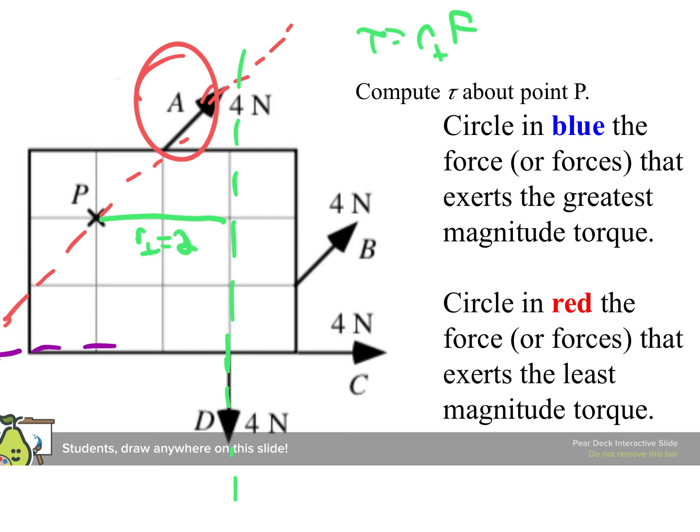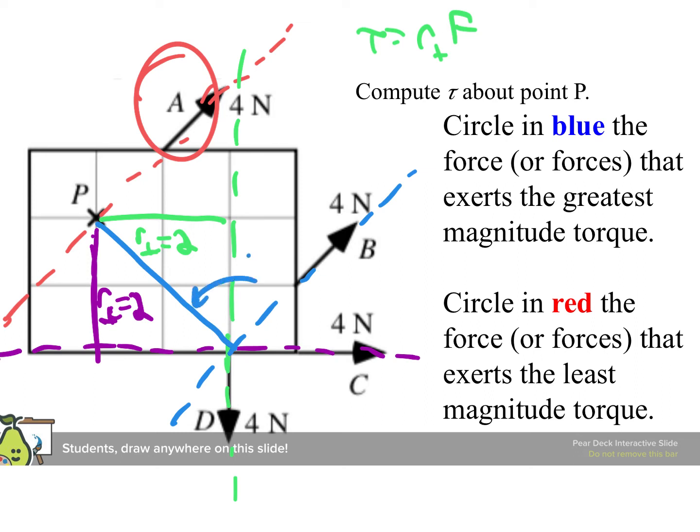C's line of action is this, so its moment arm is also 2. So they're tied. Wherever they fall in the ranking, they're tied. And B's line of action is this, so its moment arm is this length, but we can see from the triangle that that length is 2 root 2. It's the largest, so B wins.